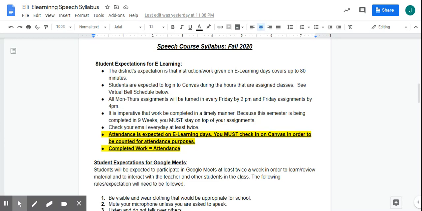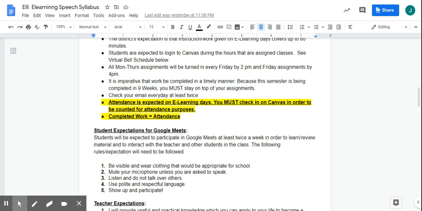That's how attendance is going to be taken. So it's really important that you log on and you get your work done, because as you can see right here, completed work equals attendance.